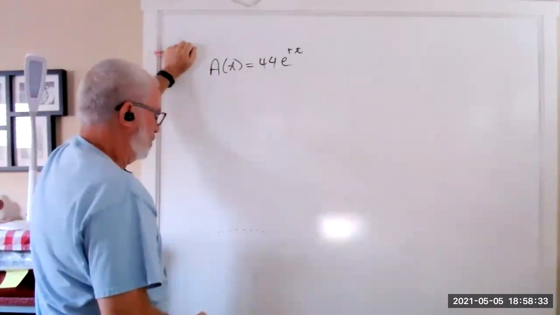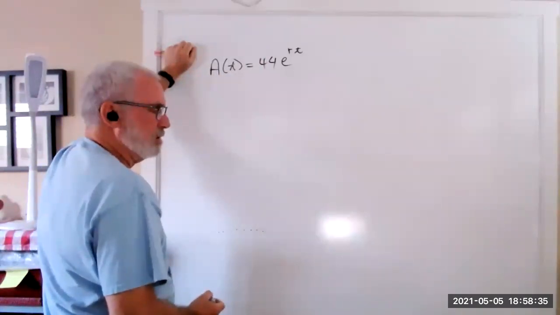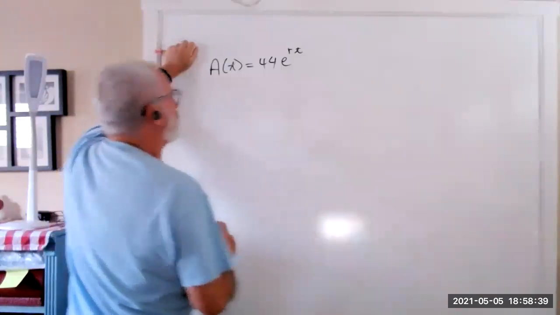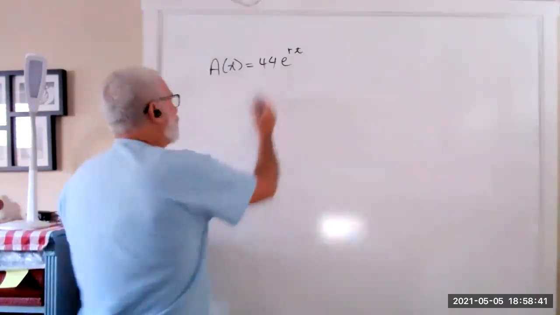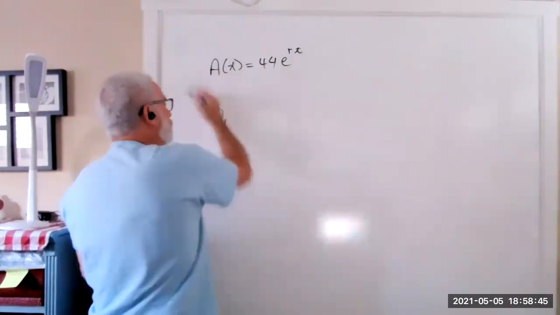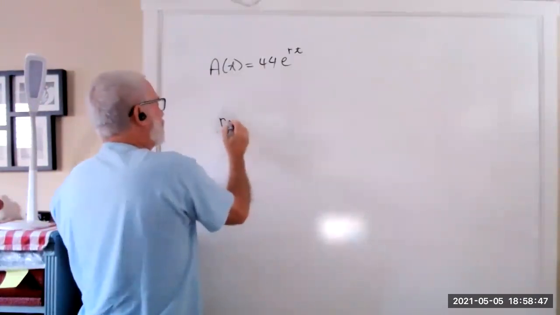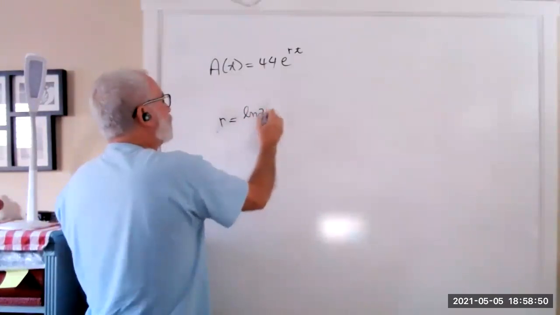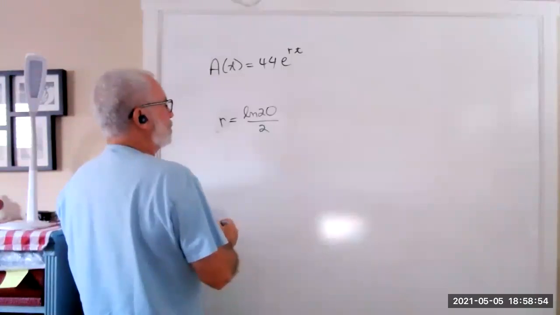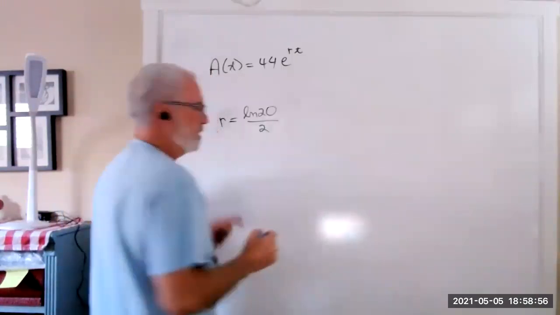Is that the one that you're asking about? That's the one I'm asking about. Yeah. And then there was a range of answers. Okay, well, somewhere in here, when we did this, we got the rate was the ln of 2 over 20. Yeah, that's correct. Right? Okay.